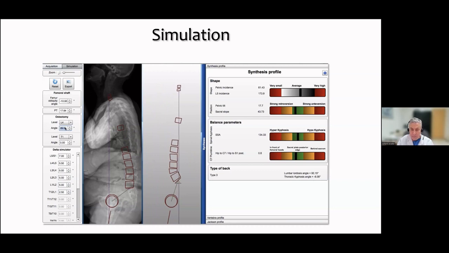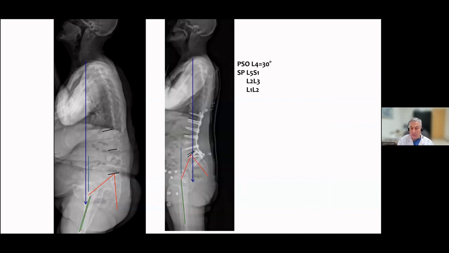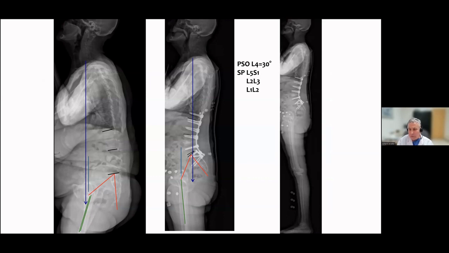Once we get this menu on how to virtually get back to optimal alignment, we execute the surgery, and we get what we planned for if the surgery is well done.